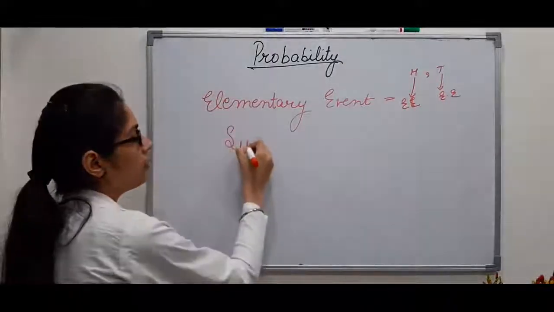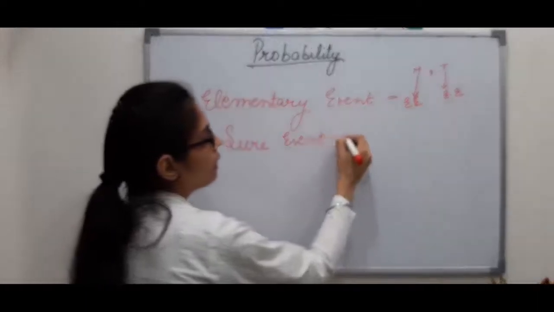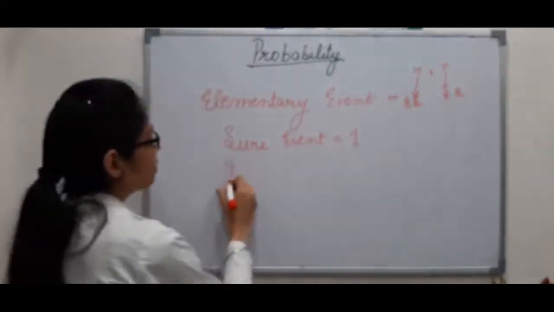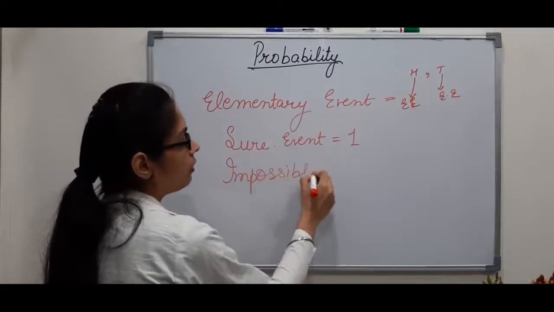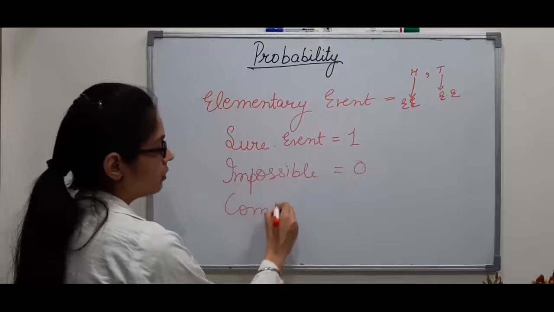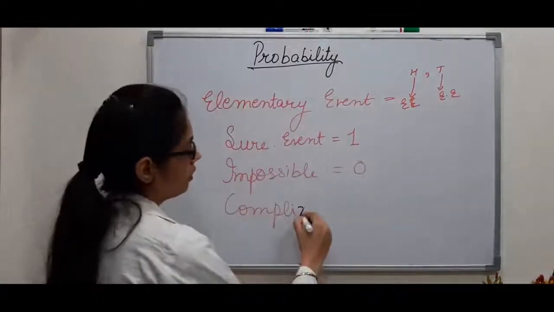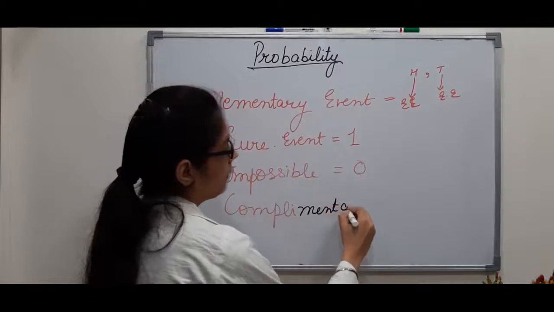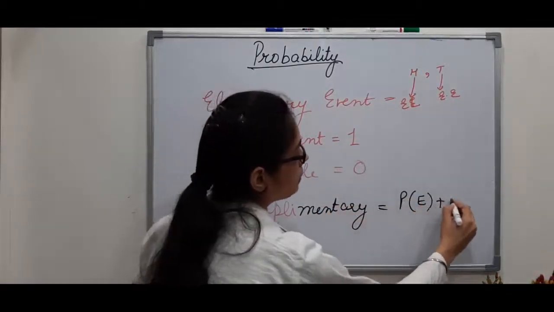Sure event means your probability after calculating will be equal to 1. Impossible event, your probability after calculating will be equal to 0. Complementary events means PE, which is your event, plus PE not.